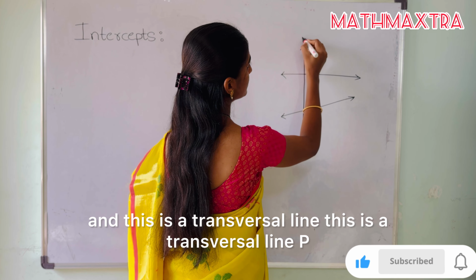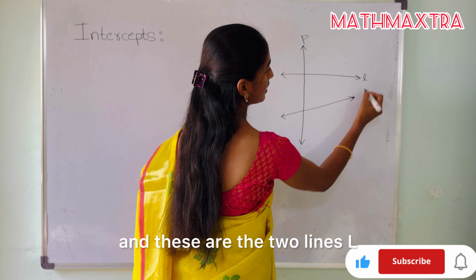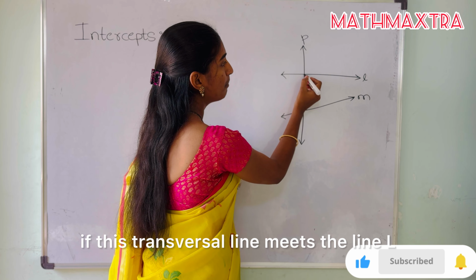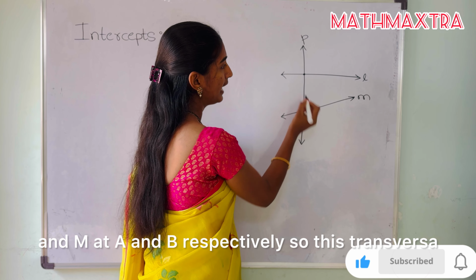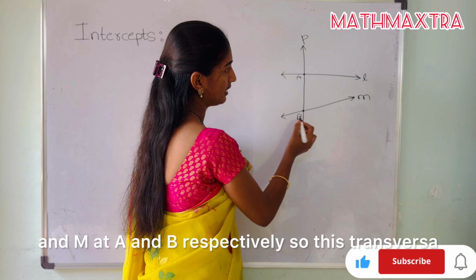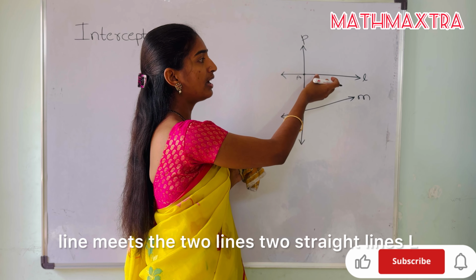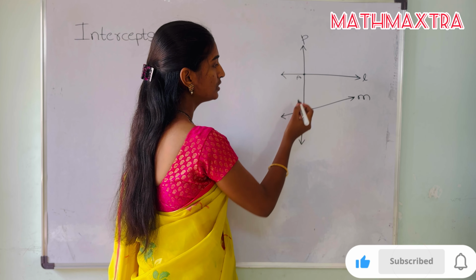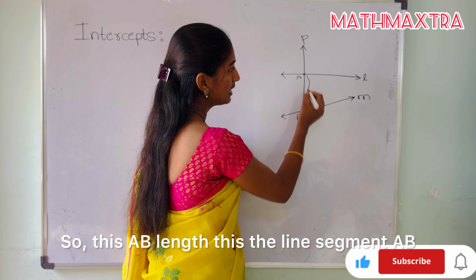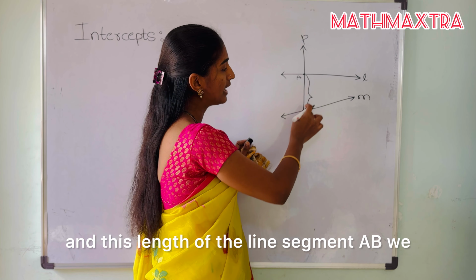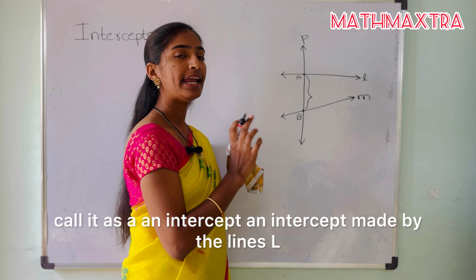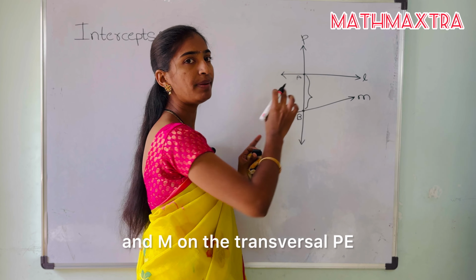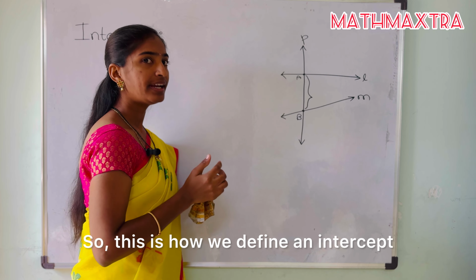This is the transversal line P, and these are the two lines L and M. If this transversal line meets the lines L and M at A and B respectively, then the length of the line segment AB we call an intercept made by the lines L and M on the transversal P. So this is how we define an intercept.